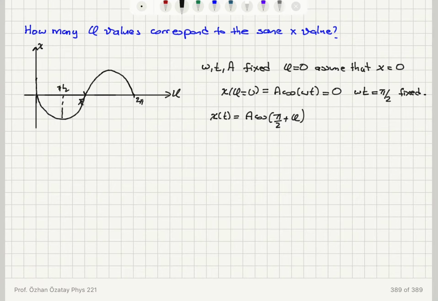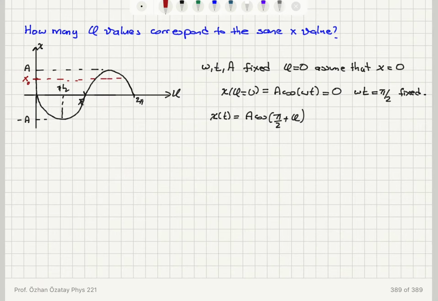So what I want you to notice here, this is an oscillation between -a and +a. So if I fix the x value, let's take a particular x value, let's call it x naught, and look at how many phi values I have corresponding to this x value.